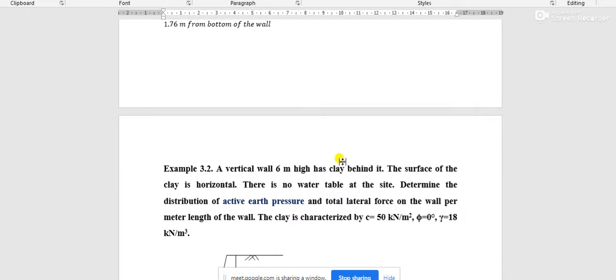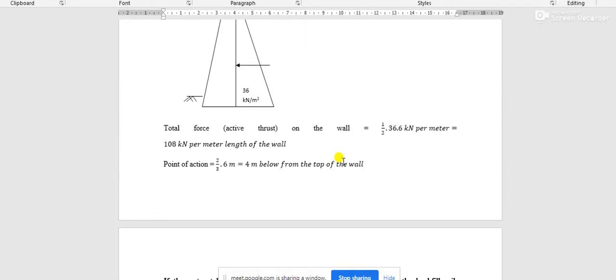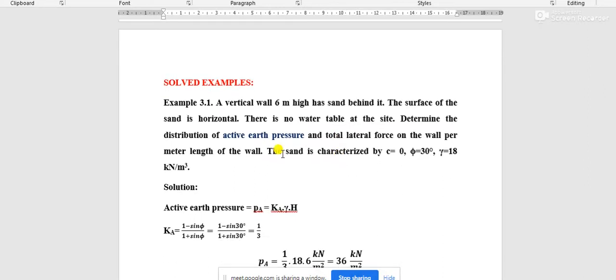Coming to the last problem we solved in the last class, the height of the wall was 6 meter, and the backfill soil was sand, characterized by c equals 0, and there was a value of phi and gamma.